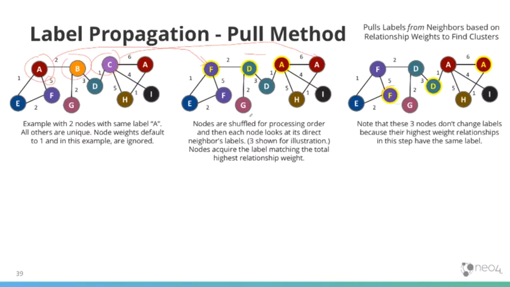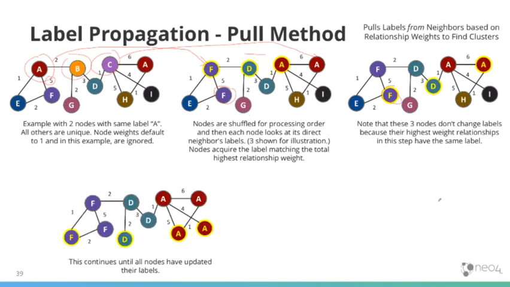In this case, F stayed F because the highest weighted relationship was with a node with the same label. This is how the solutions begin to converge. Iterations continue until each node has the majority label of its neighbors, or you've reached a max iteration limit. The limit prevents an endless cycle where the algorithm can't converge and gets caught in a flip-flop between different labels.